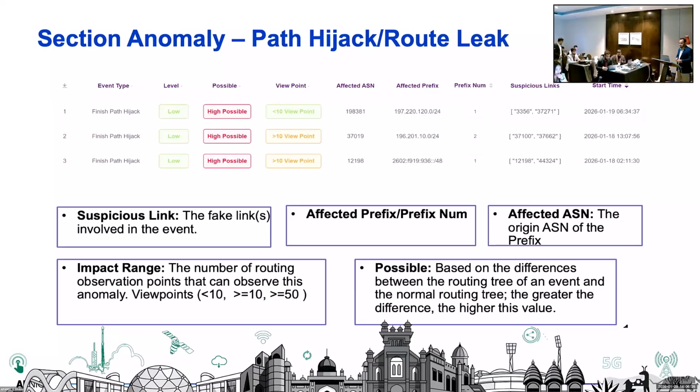You will also get the affected prefix number, affected ASN information, and impact range. It is based on the difference between the routing tree of an event and the normal routing tree of the event, so the greater the difference, the higher the value.